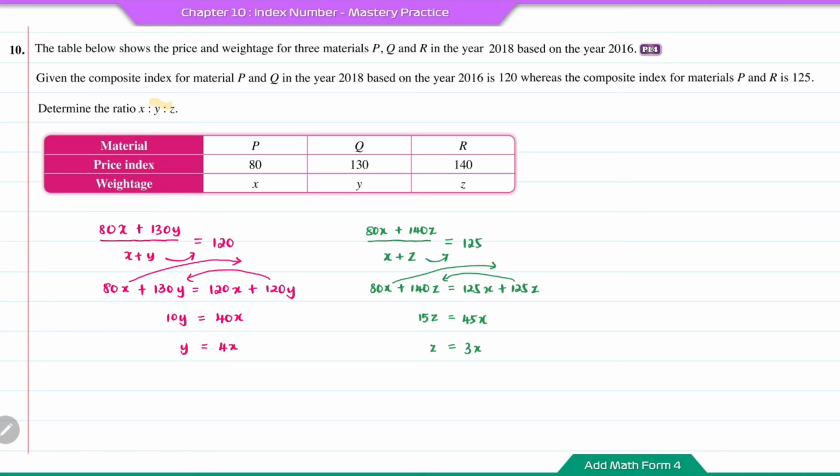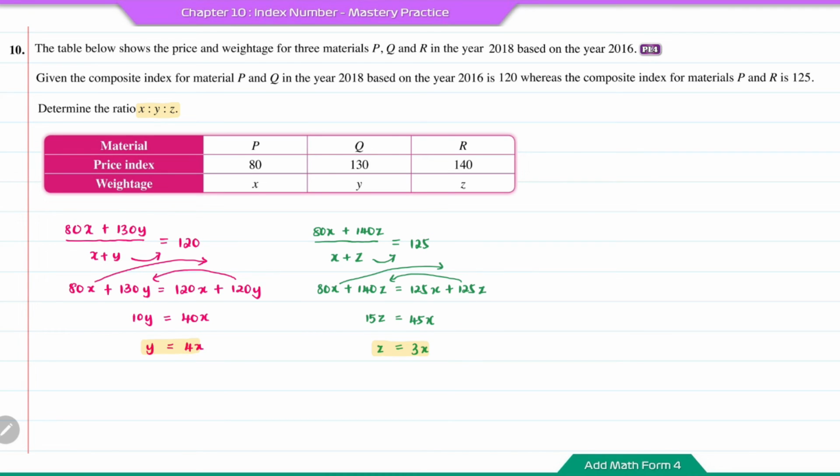Now, to find the ratio of X to Y to Z, we are going to use these two pieces of information that we have here. So for Y equal to 4X, I can write it as 4X equal to Y. To find the ratio, we can write it in the form of fractions.